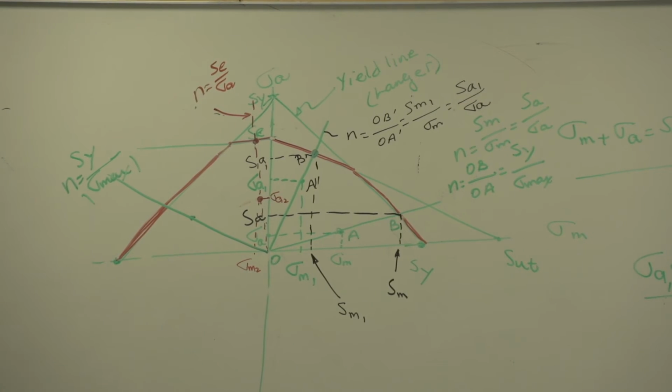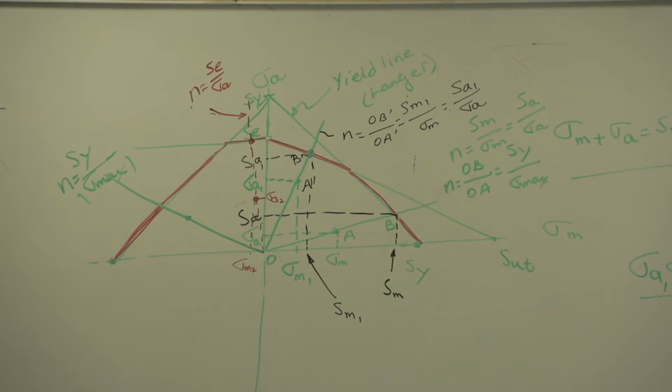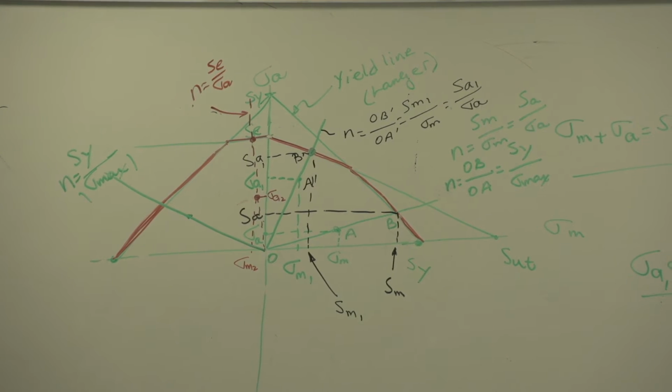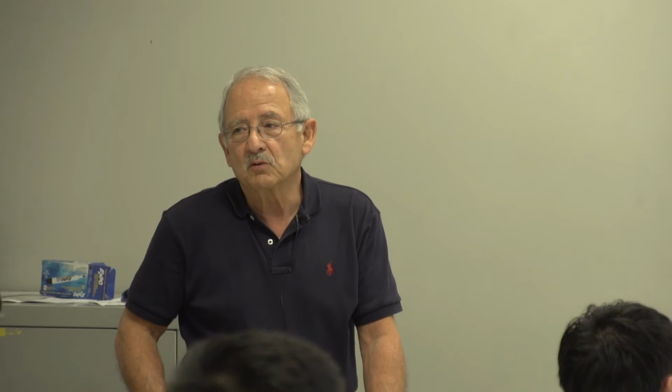They're all the same, exactly like what we had in previous failure theories. No change. There's a strength line, there's a load line, you find the cross section, and that gives you your limiting values. All right? Okay, let's take a break.